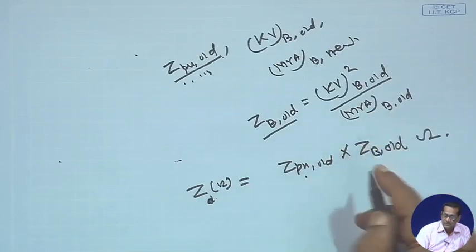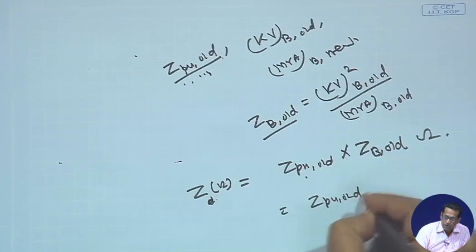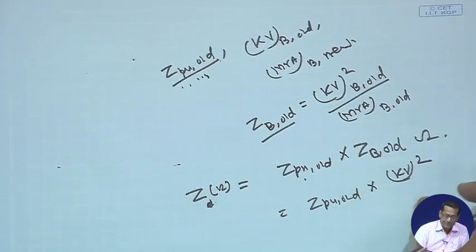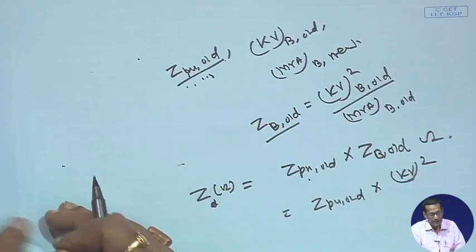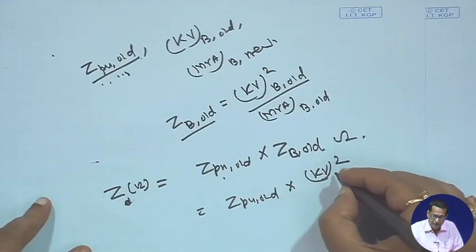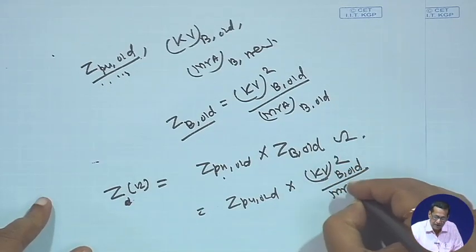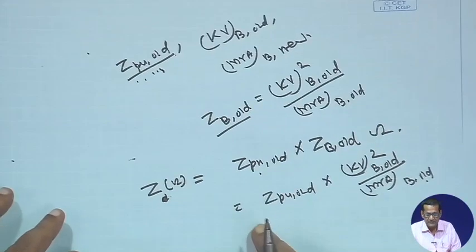So, it is multiplied: Z per unit old into KV square base old divided by MVA base old, right. So, this is the ohmic value.